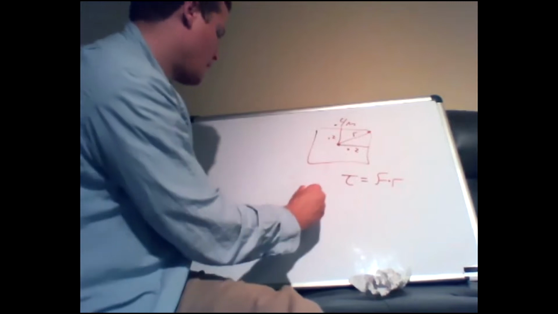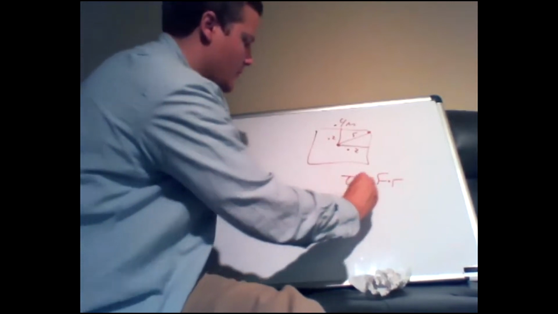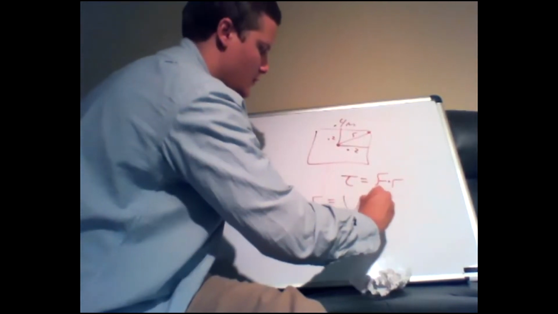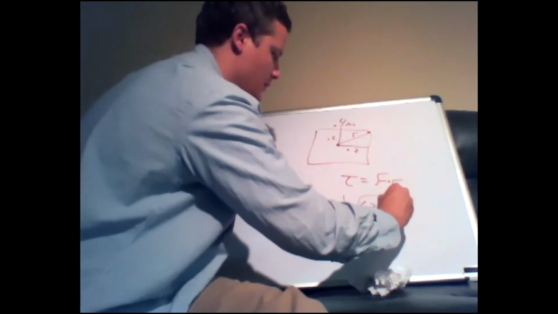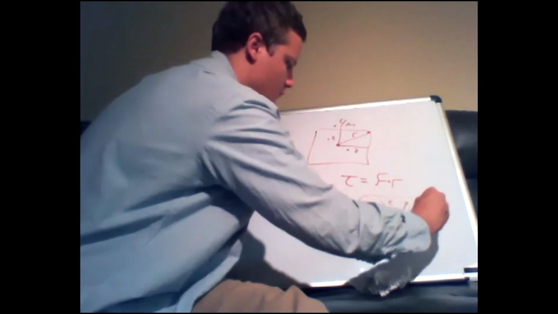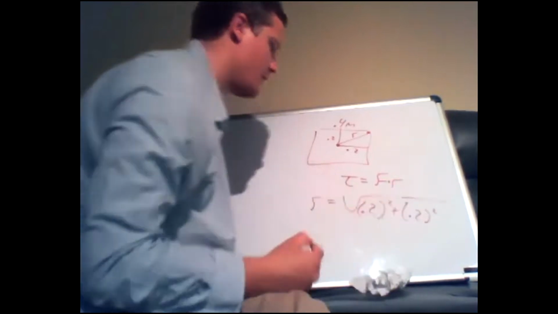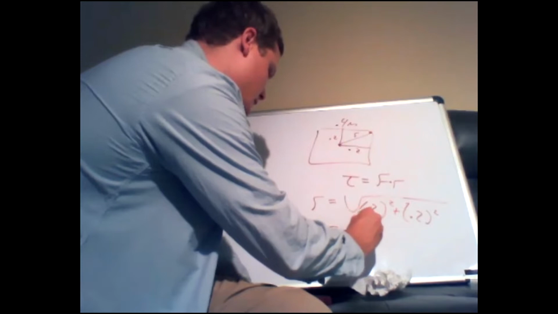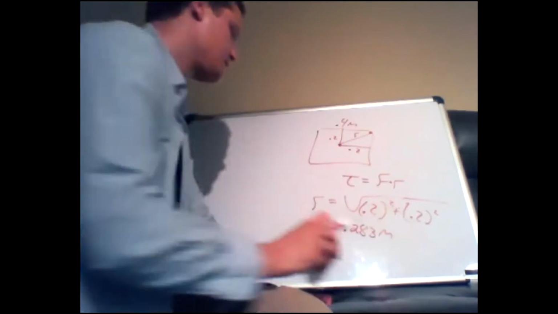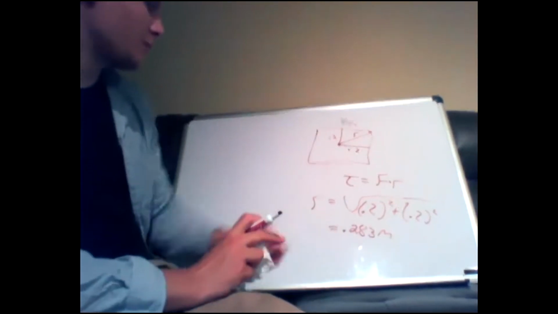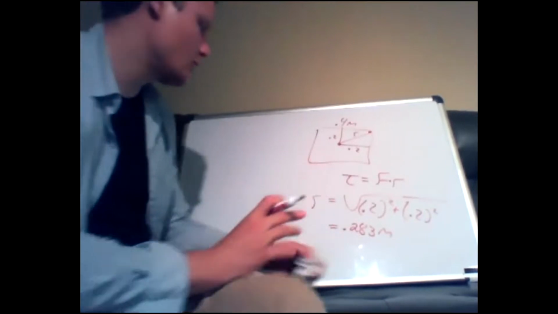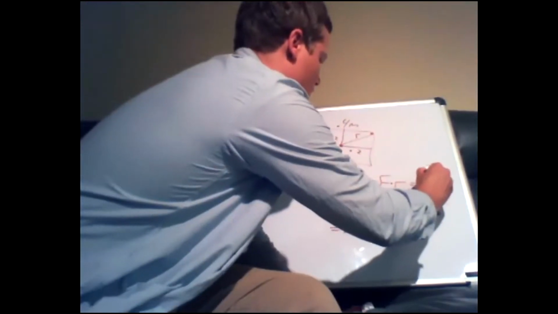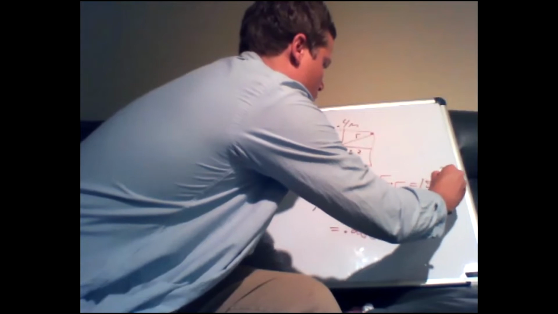And so in order to find that radius, you just do a little Pythagorean theorem. That's 0.2 squared plus 0.2 squared, and then you take the square root of all that. You should get 0.283 meters. And then you just plug this 0.283 meters into our torque equation. So that's 15 times 0.283.